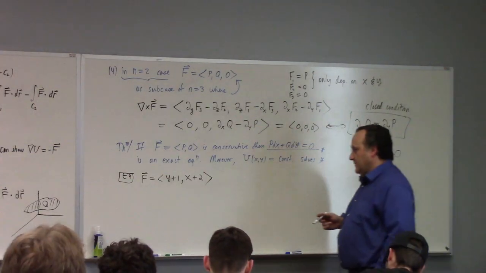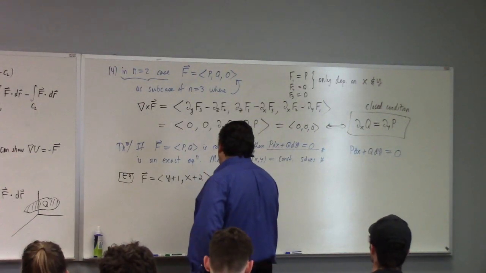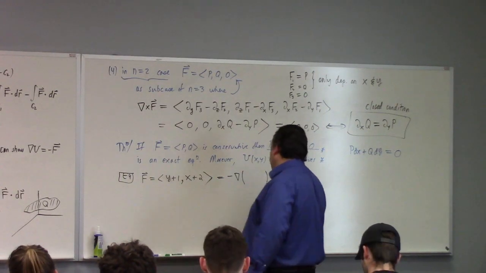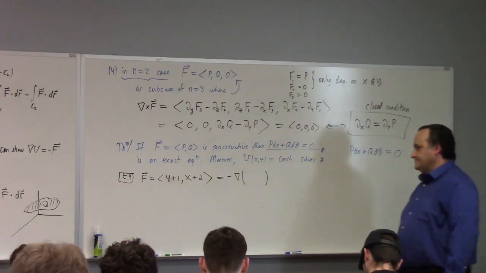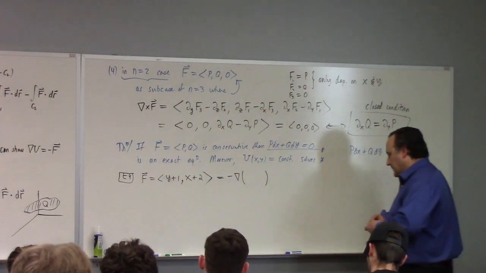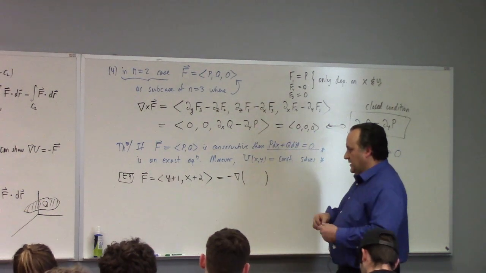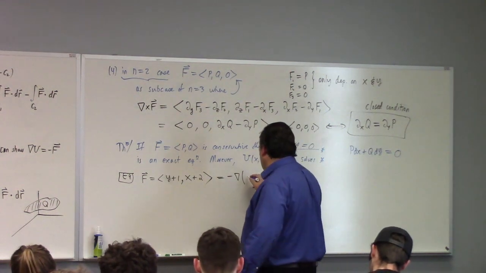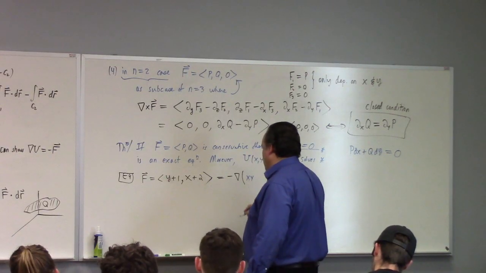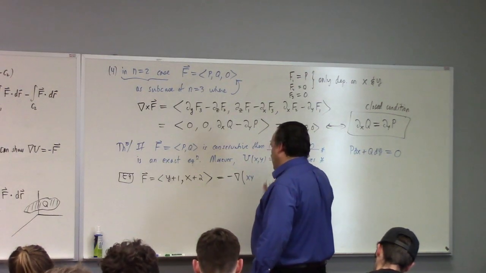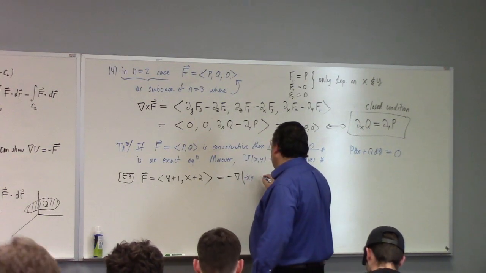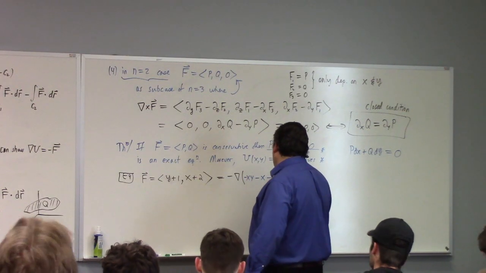So here I have, this is minus the gradient of what? I look at this and I go, oh, well, I can just put xy. Really minus xy, right? Minus xy, minus x, minus 2y. I think I'll do it.